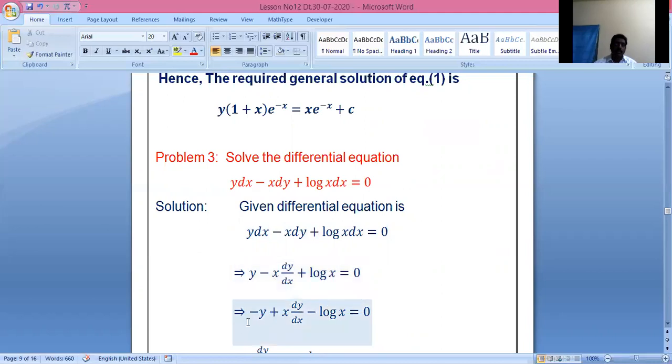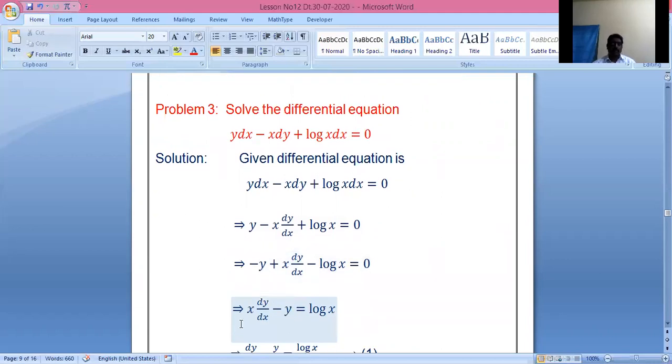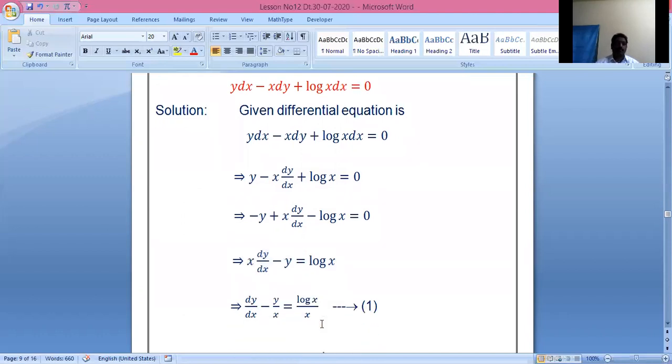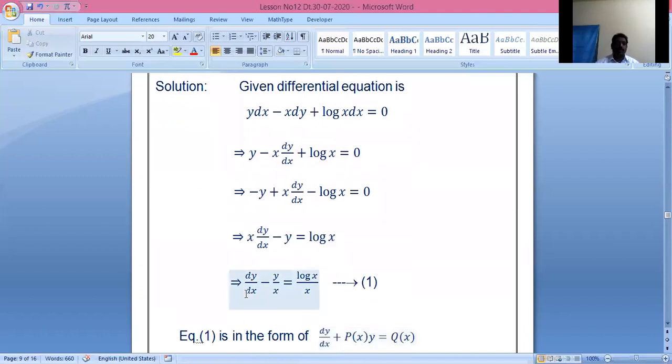That implies minus y plus x into dy by dx minus log x is equal to 0. That implies x dy by dx minus y is equal to log x. That implies by dividing x, we get dy by dx minus y by x is equal to log x by x. Let this equation be 1.